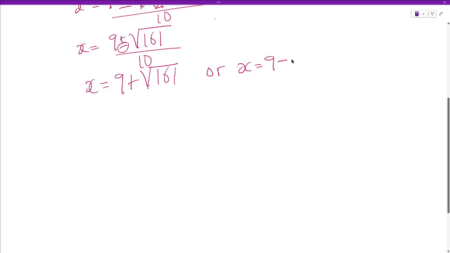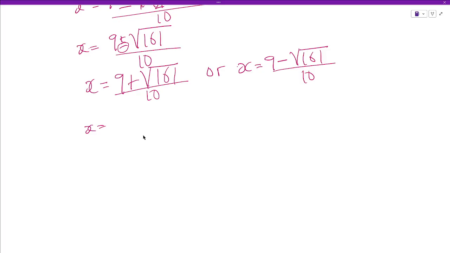So we're going to say minus what? Minus the square root of 161. Then everything over 10, everything over 10. Let's punch. What do we get? Open bracket 9 plus square root of 161 close bracket everything over 10.